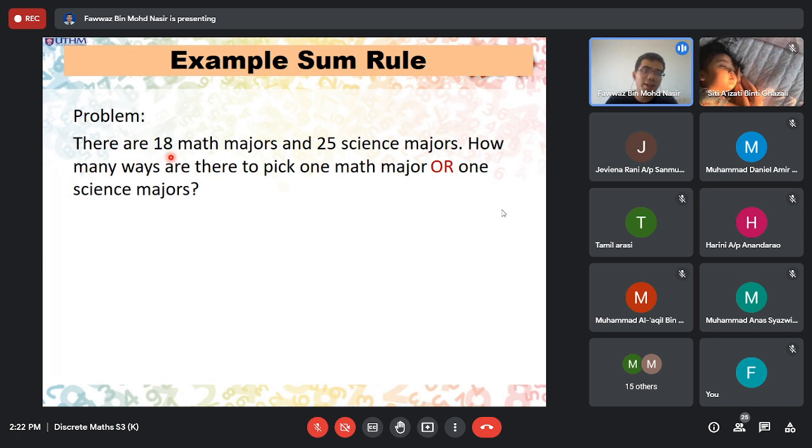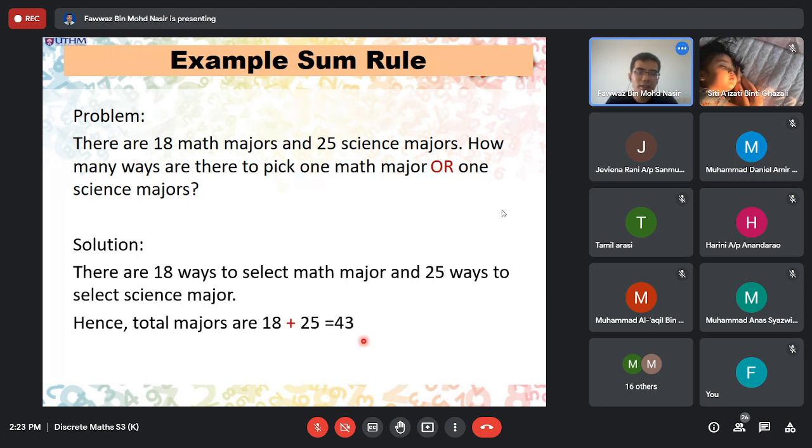Okay, then the number of ways to select the science major is 25. So ada 25 science major and so ada 25 ways kita boleh select. Okay, 25 choices yang kita boleh pilih. So in this case sebab dia pakai or dekat sini, so we just use the sum rule, 18 plus 25, so you get 43.